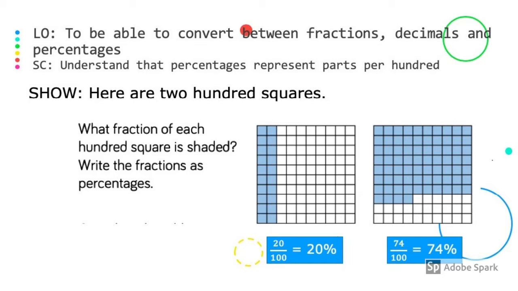The second 100 square has 74 little squares shaded. As a fraction, we'd write this as 74 hundredths, and this is equivalent to 74%. Have you noticed that in both, the number of squares shaded is the numerator, and then we have 100 as the denominator because the 100 square has 100 squares.